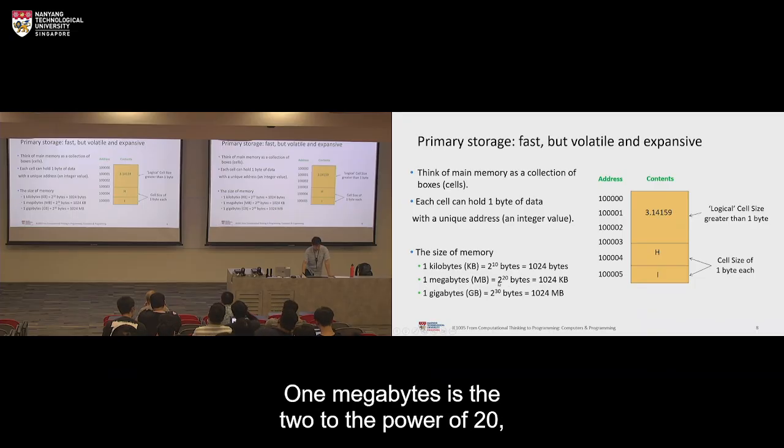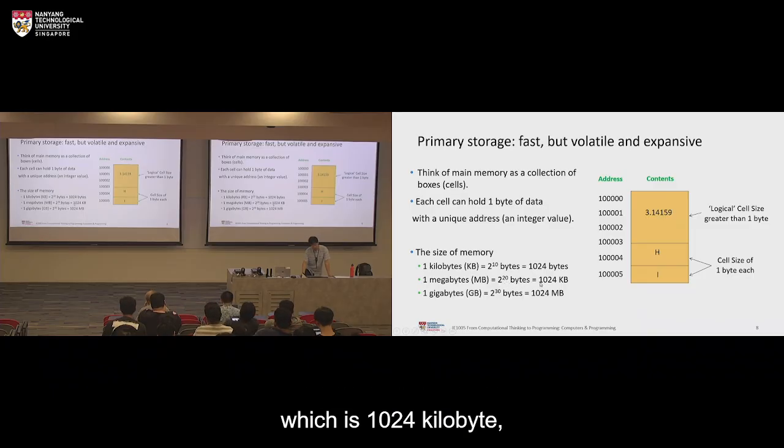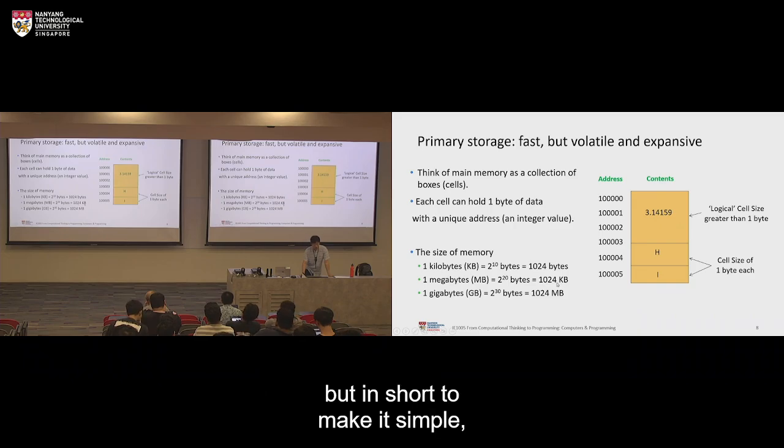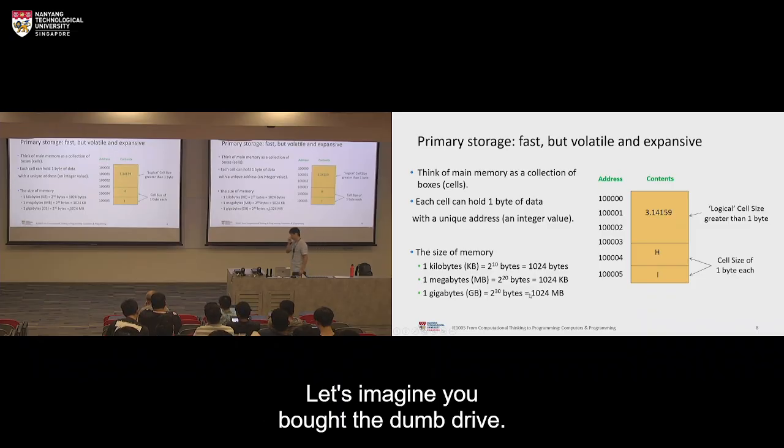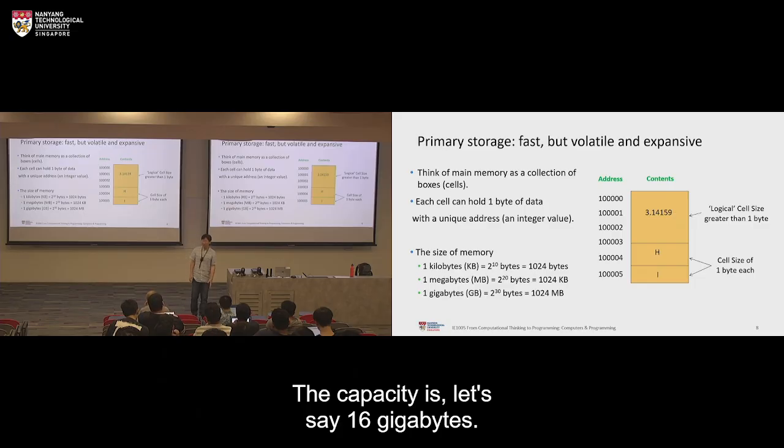And 1 megabyte is 2 to the power of 20, which is 1024 kilobytes. But in short, to make it simple, we just use the number 1000. And gigabyte is the same. All right, so let's imagine you bought a thumb drive. The capacity is, let's say, 16 gigabytes.